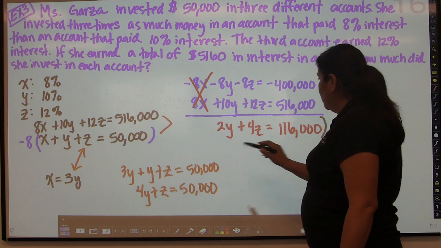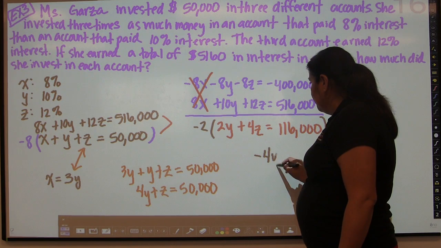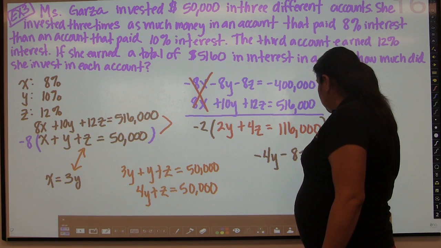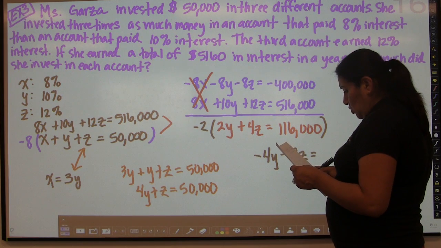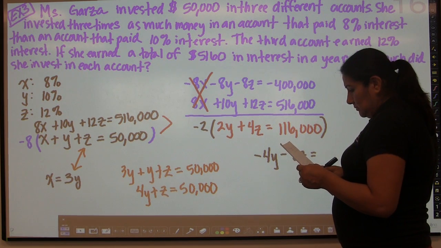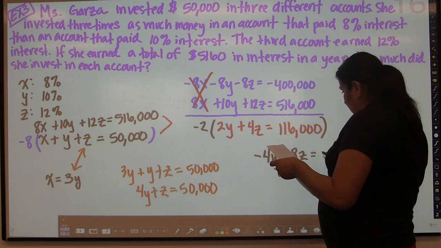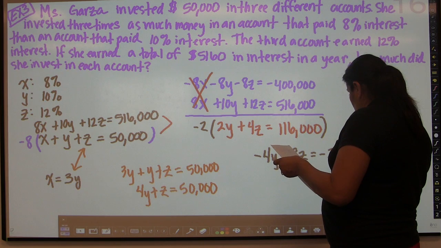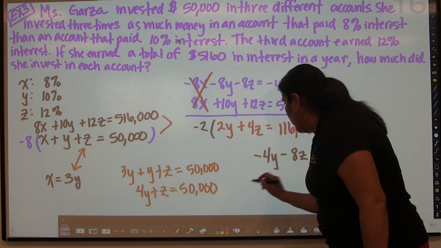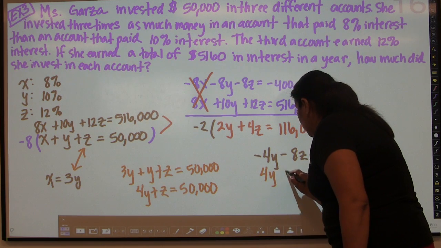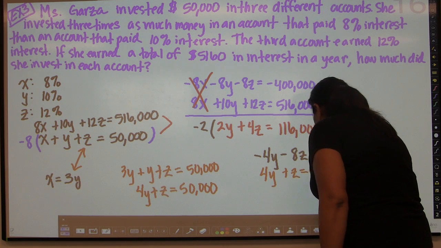So I'm going to multiply this by -2, which is going to give me -4y minus 8z, and 116,000 times -2 is going to be -232,000. And then I'm going to add to it this equation, which is positive 4y plus z equals 50,000, and we're almost done.